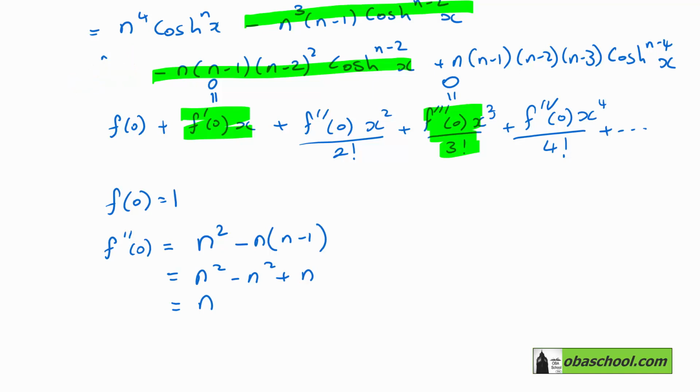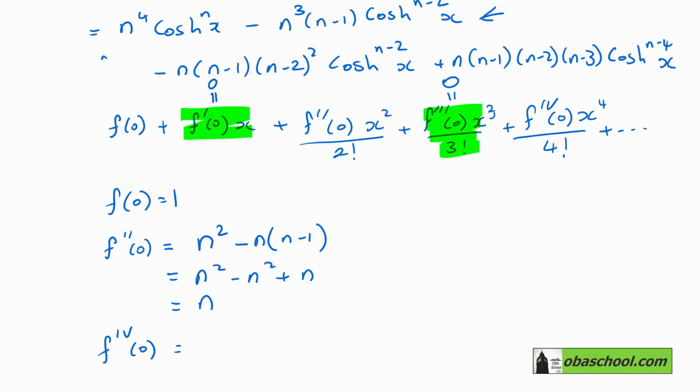Now, the f 4 of 0 is going to be using the formula that we have just here. So that's going to start with an n to the 4. Then it's going to have a minus n cubed n minus 1.